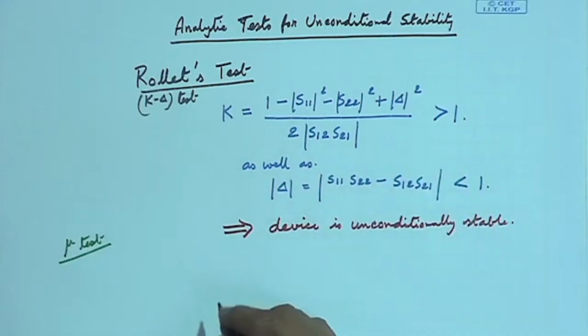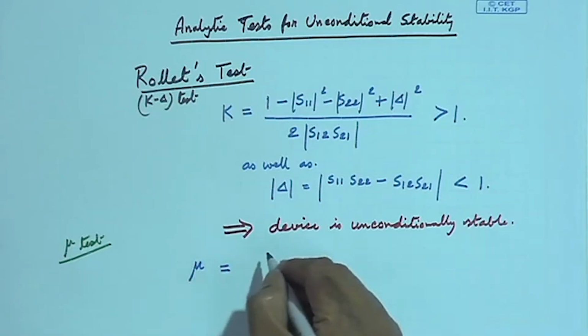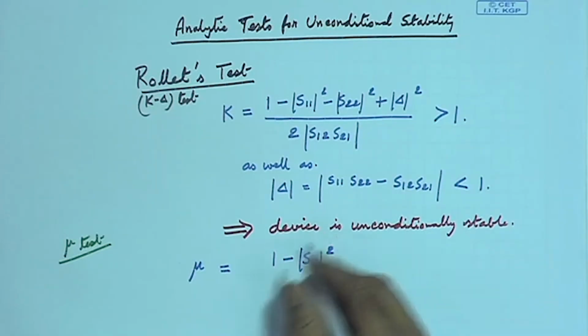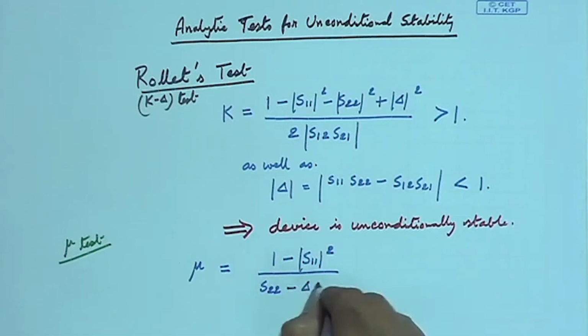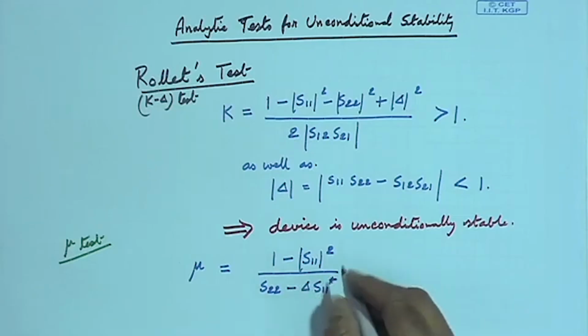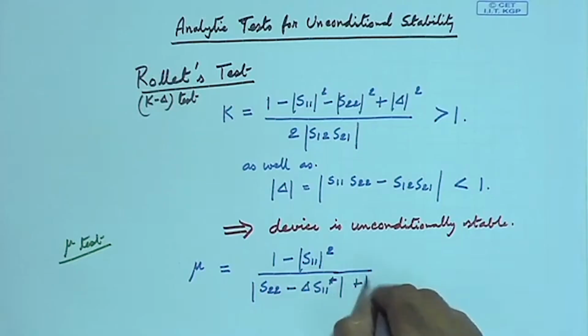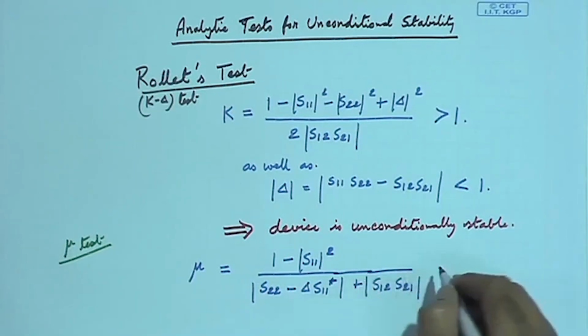It was found out recently, and this test says that you test the parameter mu. Mu is given by 1 minus the magnitude of S11 squared, divided by the magnitude of S22 minus delta S11 star, plus the magnitude of S12 S21.